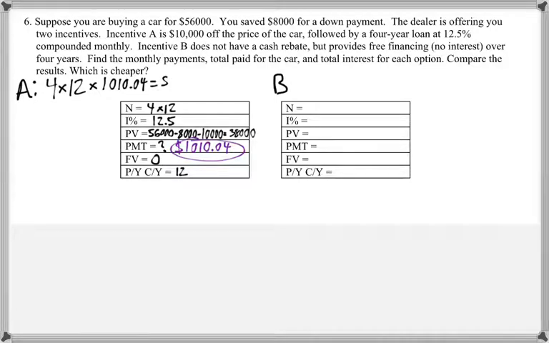And this is equal to $48,481.92. So this is the total of the monthly payments. From here we need to add the down payment to find the total paid, and we need to subtract the present value, or the amount of the loan, to find the total interest.